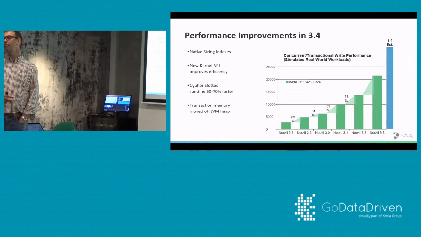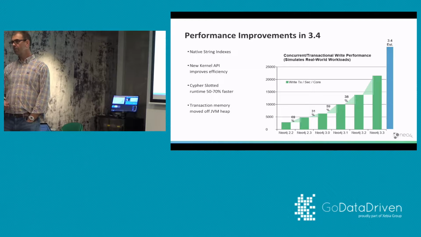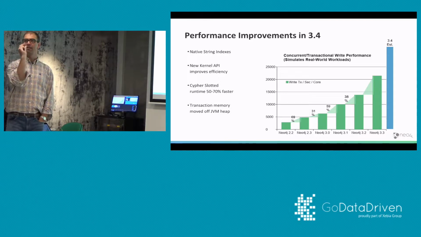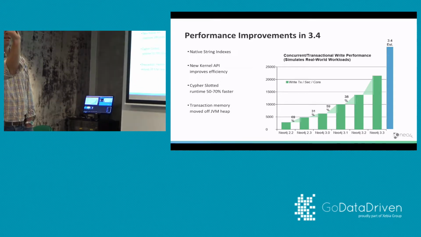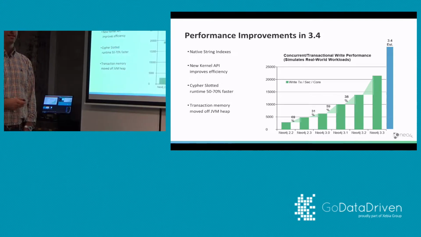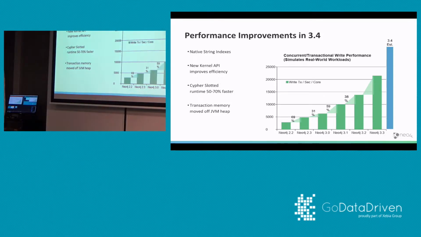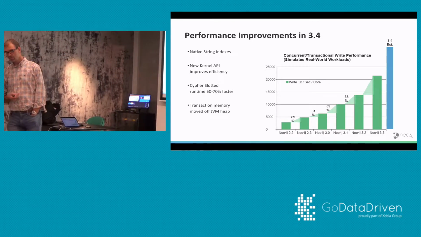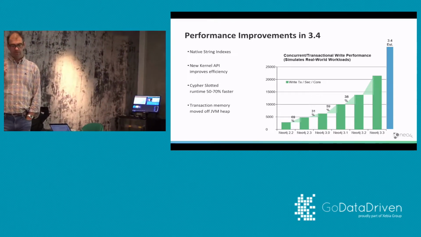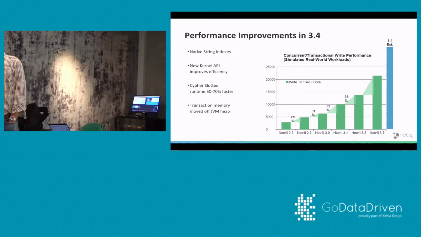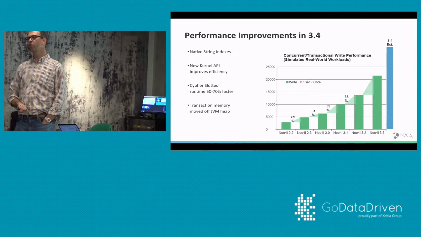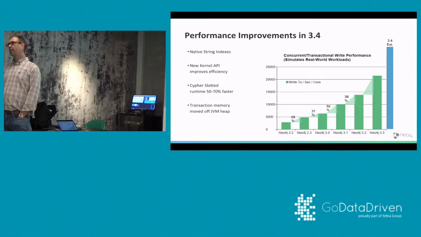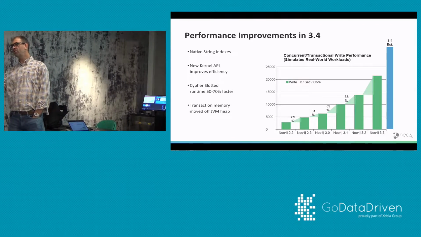Now, Lucene is good at many different things, but very small, atomic string lookups probably isn't its forte. And we've known for quite some time that when we look at the write performance of Neo4j, 80% of the time is lost in Lucene.